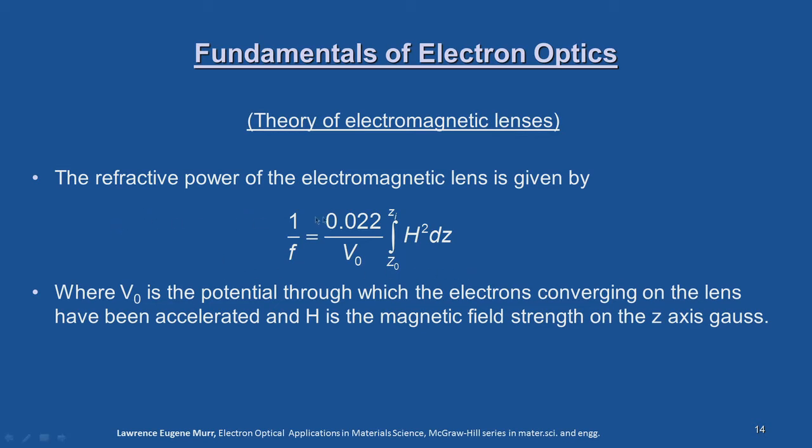The refractive power of the electromagnetic lens is given by 1 by f equal to 0.022 by V naught times the integral from z naught to z i of H square dz, where V naught is the potential through which the electrons converging on the lens have been accelerated, and H is the magnetic field strength on the z axis in Gauss.